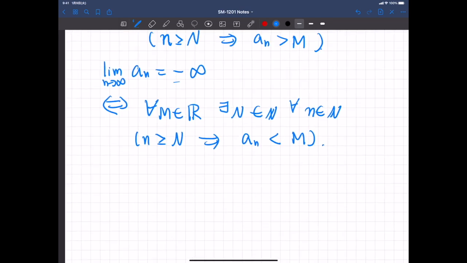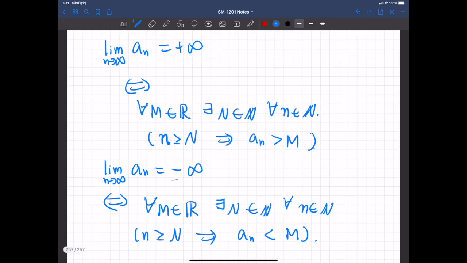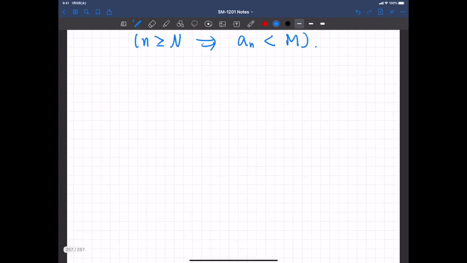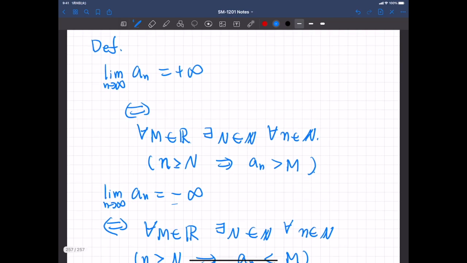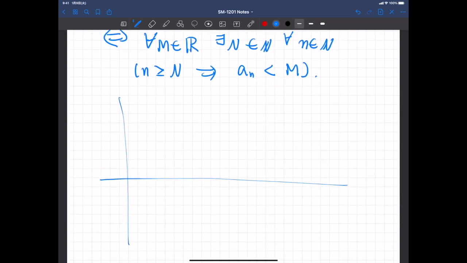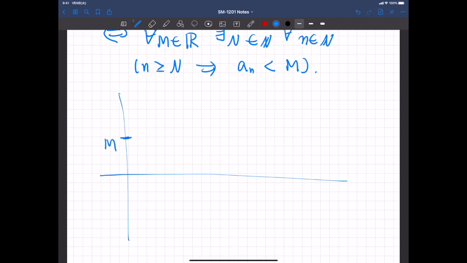So what does it mean? Let's consider the divergence to positive infinity. It says for any real number, let's pick m. We have a sequence which diverges to infinity. So let's pick any real number m.